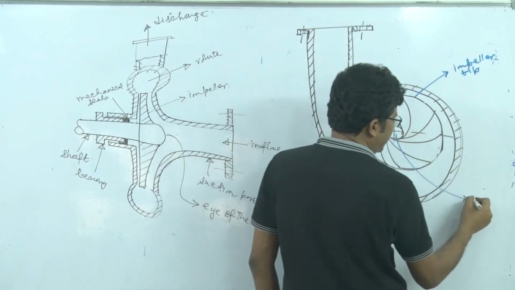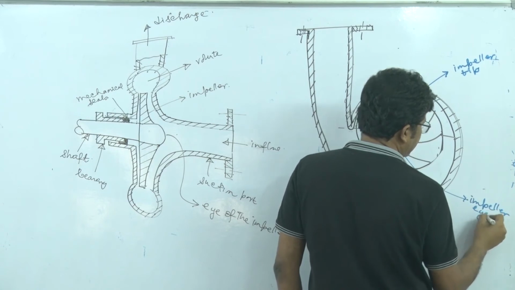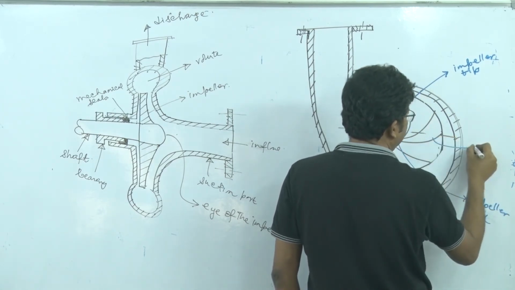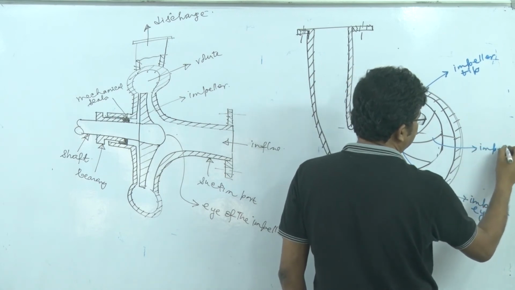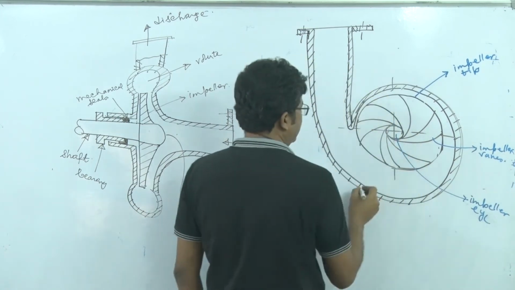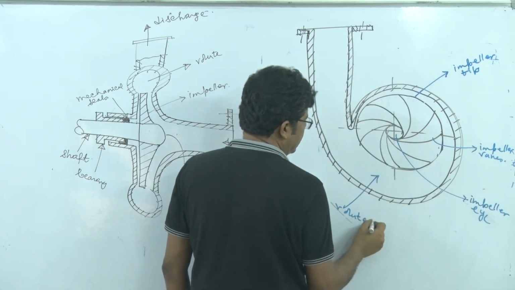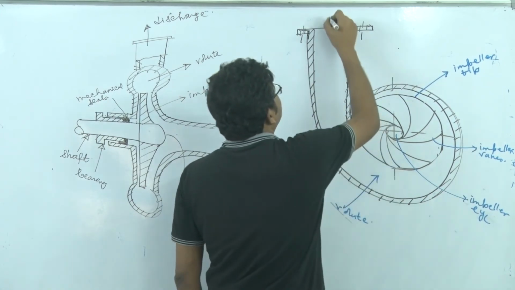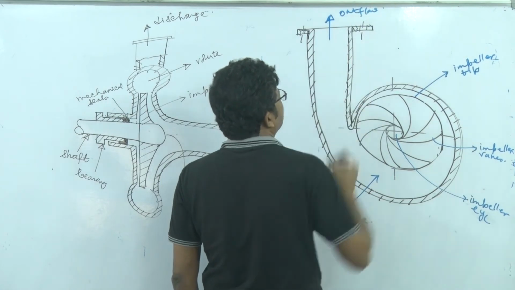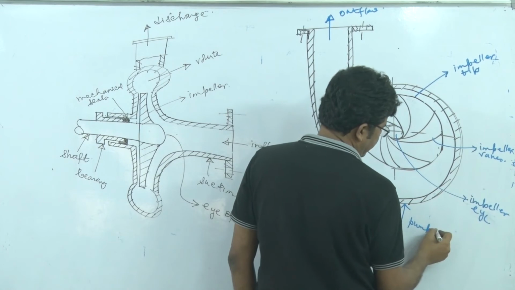This is the impeller eye. These are the impeller vanes. This final part of the casing is the volute, and that's the outflow, right? And this is typically the pump casing.